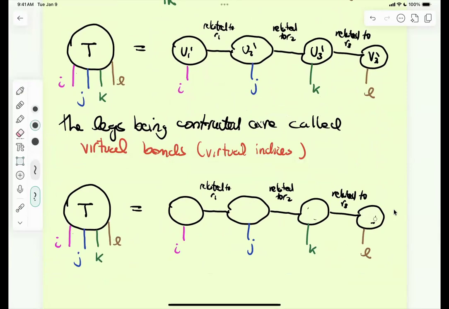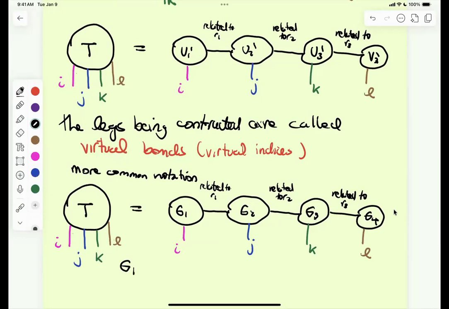But yeah, the way we're building them, this is the more common notation. And then G1, G2, G3 are called the cores of the tensor train decomposition.